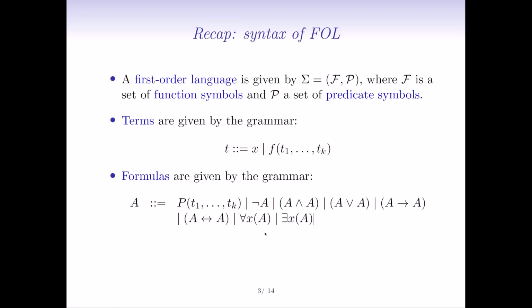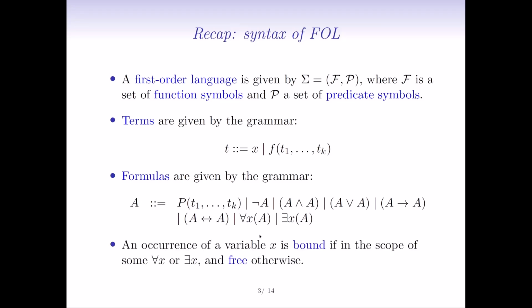Now, these quantifiers come with a scope. The scope of this quantifier for all x is said to be everything between these two brackets, so the formula A, and the same for the existential quantifier. At the same time, this gives rise to the idea of bound and free occurrences of variables. If we have a variable x occurring in a formula, it is said to be a bound occurrence if it falls within the scope of some quantifier with the same name, so either for all x or exists x, and so in other words, any x occurring in this A, for example, is bound by this quantifier for all x.